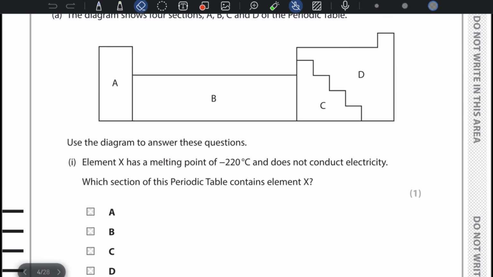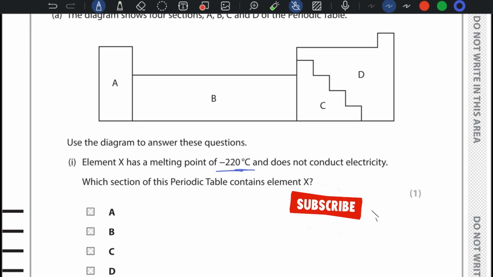First one: element X has a melting point of minus 220 degrees Celsius and does not conduct electricity. So it's a non-metal. From this data we conclude that element X is considered a non-metal.